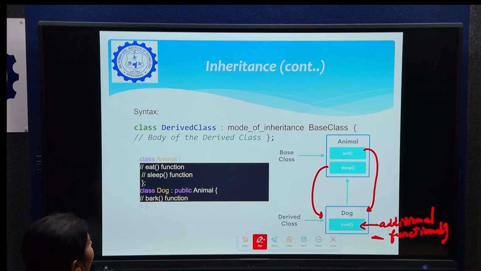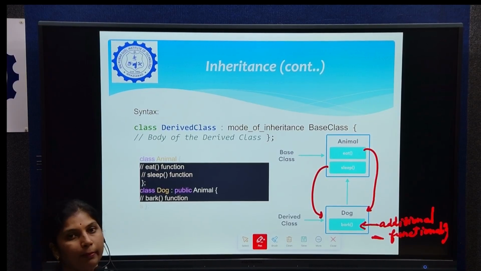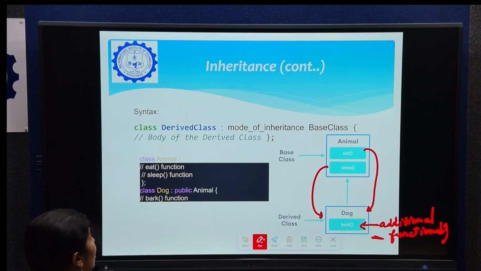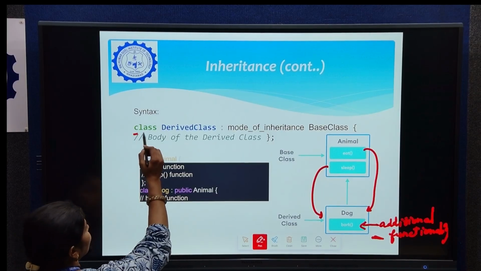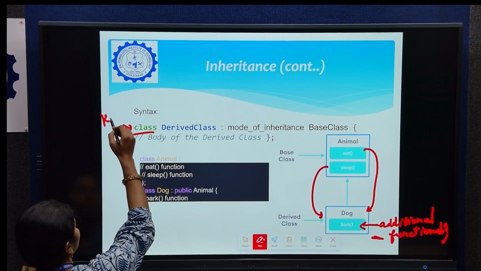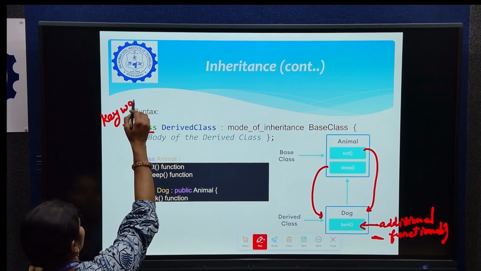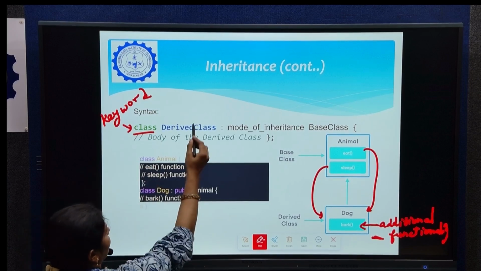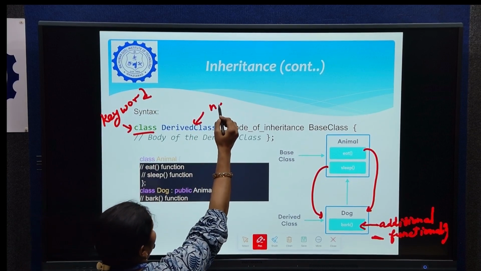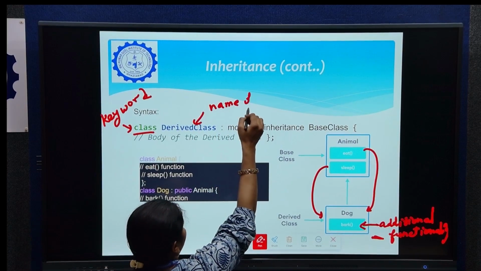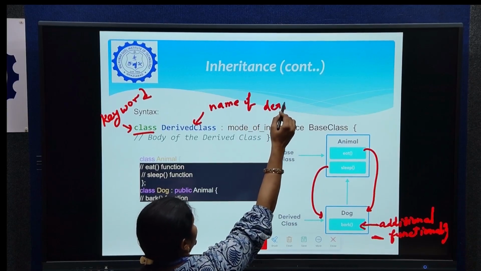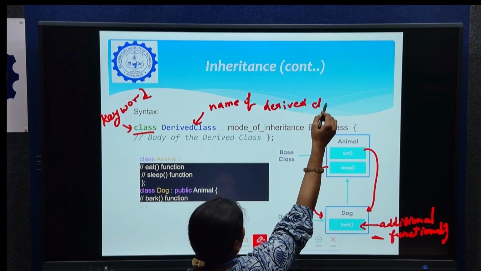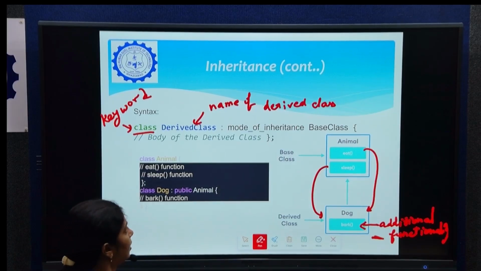So here I am taking an example of implementing this inheritance in the C++ language. So in C++, the syntax of this particular inheritance is: class, this is a keyword. This is the name of the derived class.